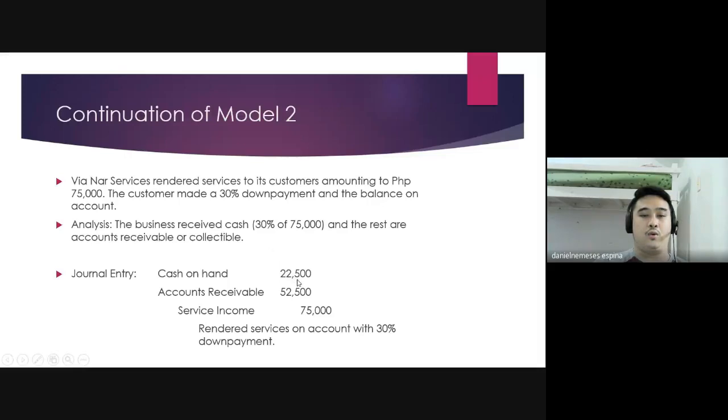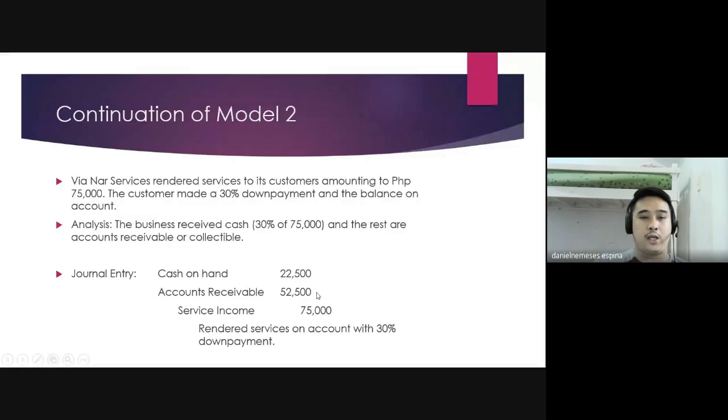So what we have to collect is the remainder, 75,000 minus 22,500. What remains is 52,500. So that is the receivable or collectible.